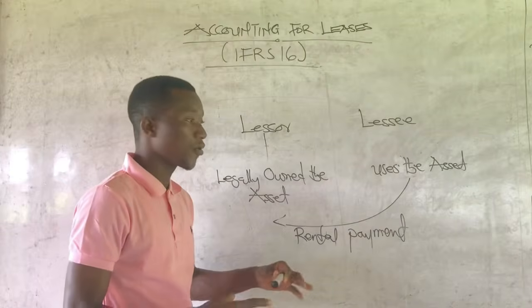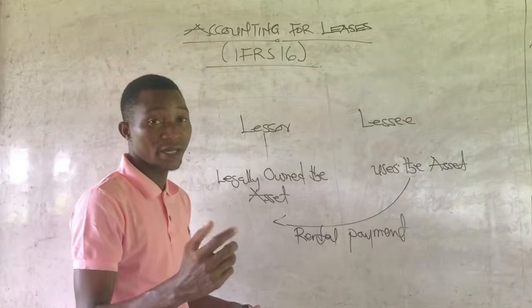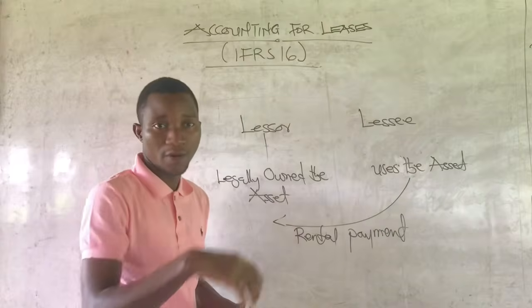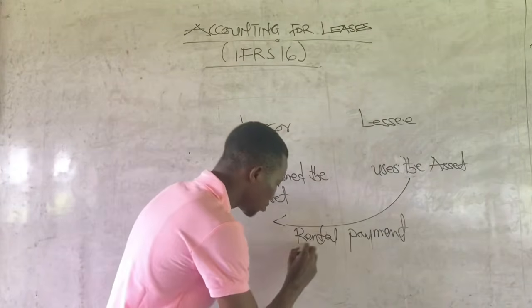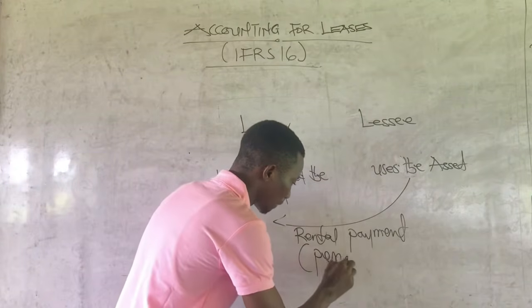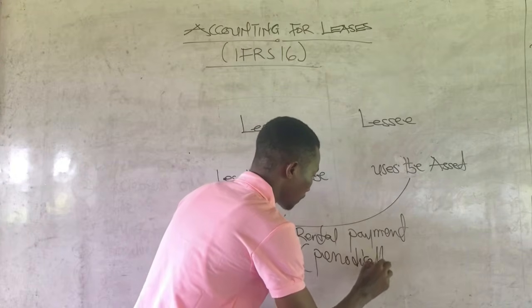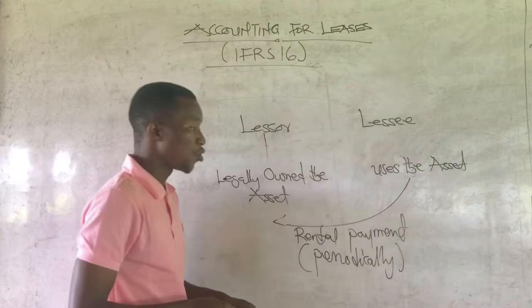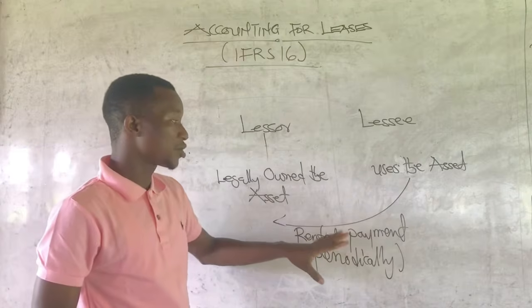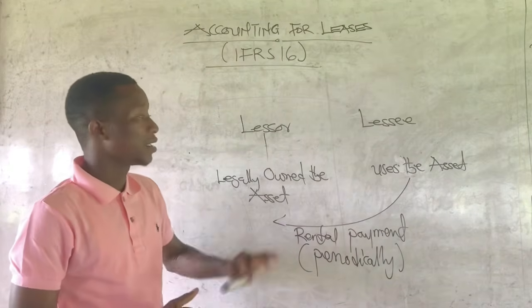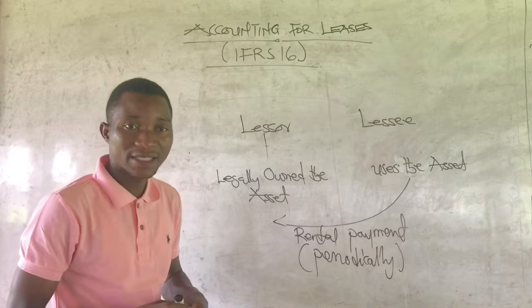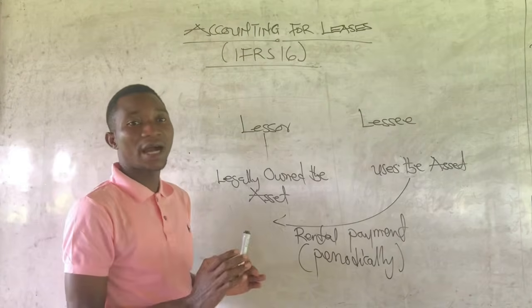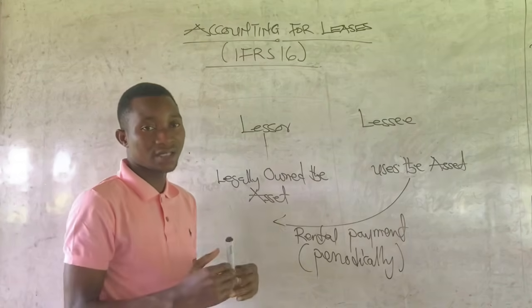Because you are going to lease it for a number of periods, the payment will be done periodically. So because the payment is going to be done periodically, the agreement can be made in such a way that the payment will be made either in arrears or in advance.